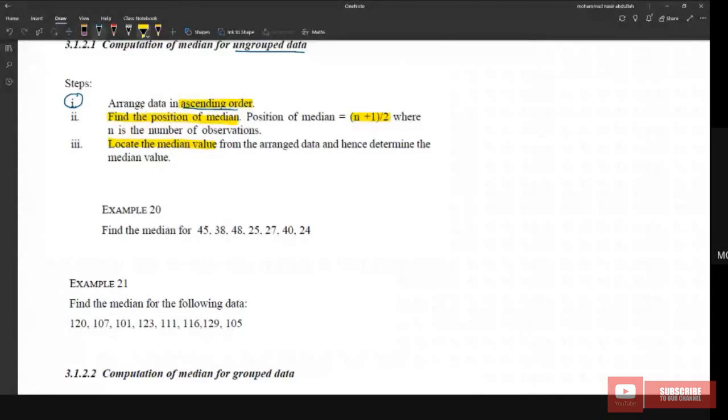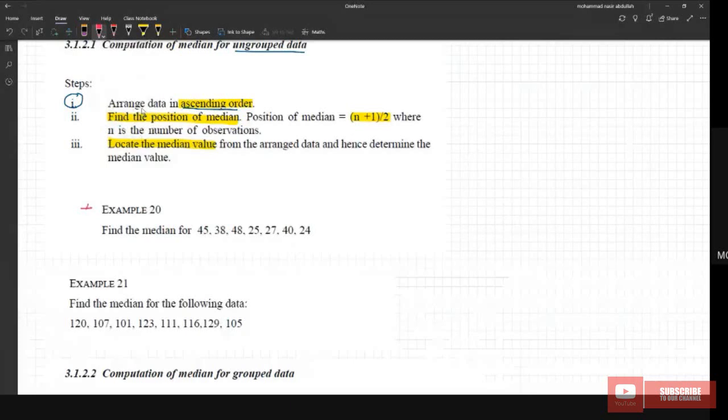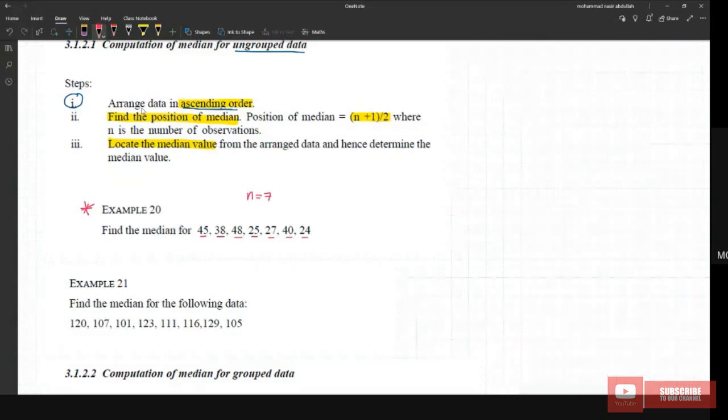Now look at example number 20. We have 45, 38, 48, 25, 27, 40, and 24. We have 1, 2, 3, 4, 5, 6, 7, so 7 data. So we have n equal to 7.